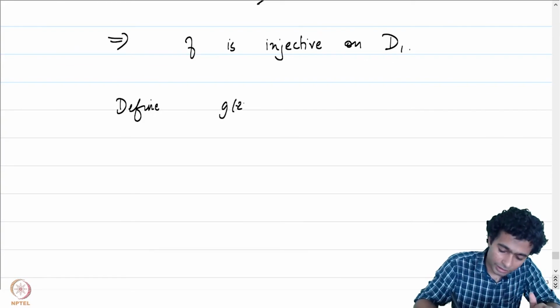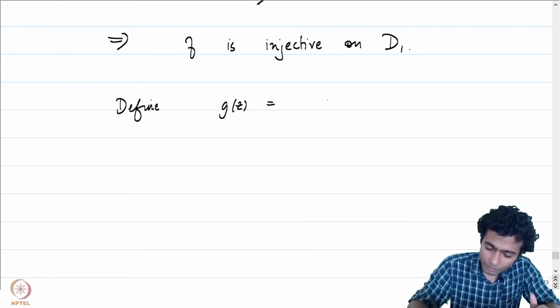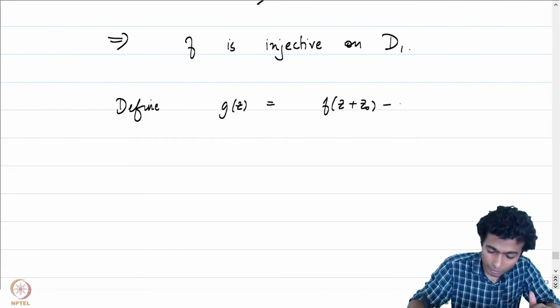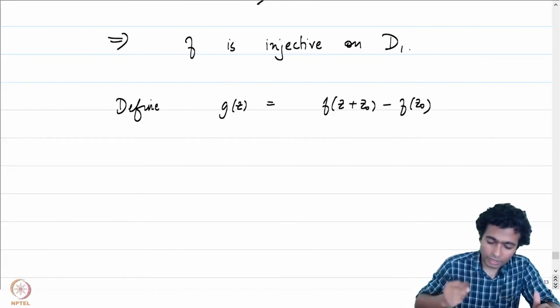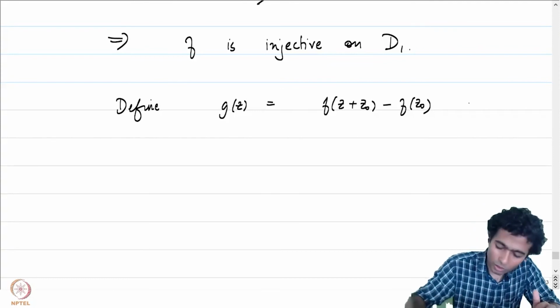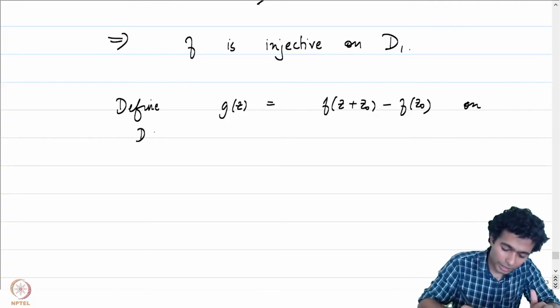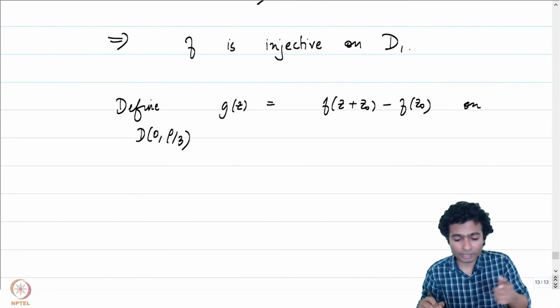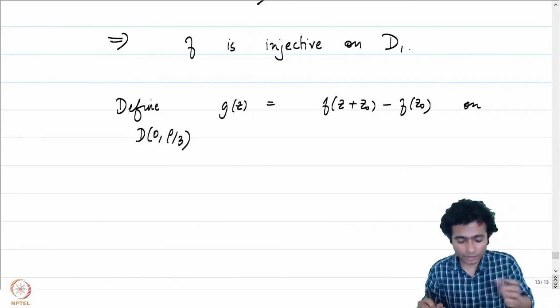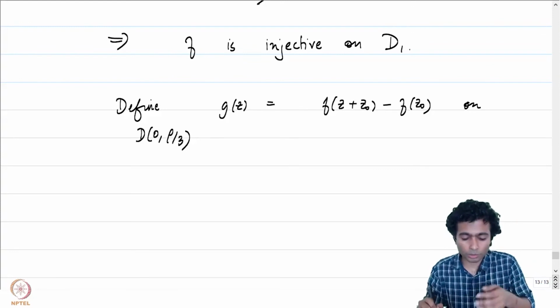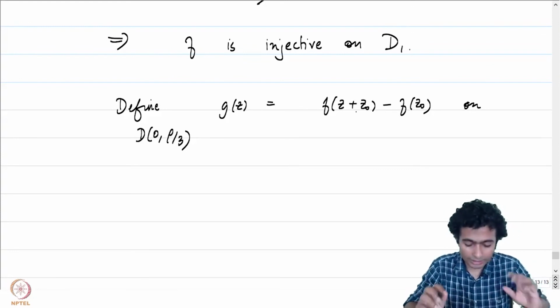Define g of z to be equal to f of z plus z naught minus f of z naught. Where is this defined? This is defined on d0 rho by 3. Remember that d1 is dz0 rho by 3. So this does make sense.